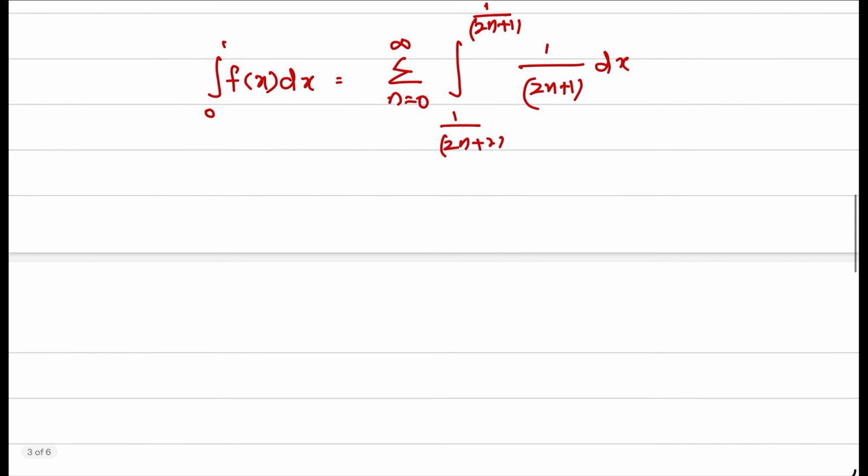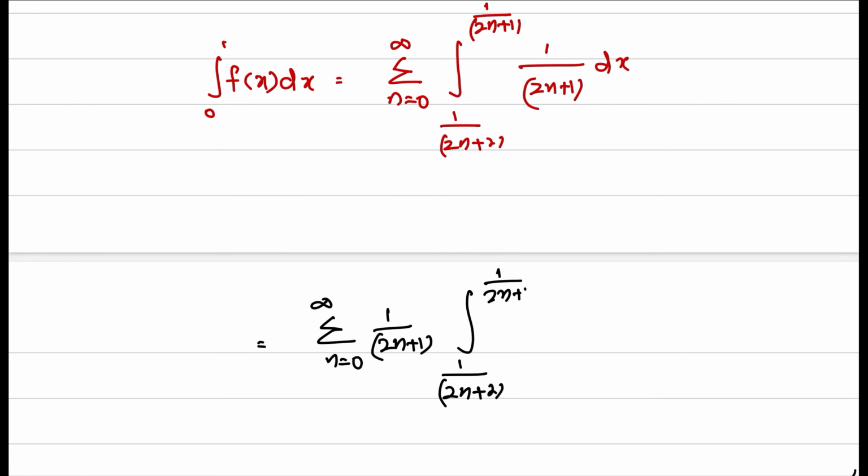Now let us do the regular integral. Hence, it will be equal to 1 by 2n plus 1, which I take out because it is a constant, sigma n equals 0 to infinity, 1 by 2n plus 1, and the limits are 1 by 2n plus 2 and 1 by 2n plus 1, dx.